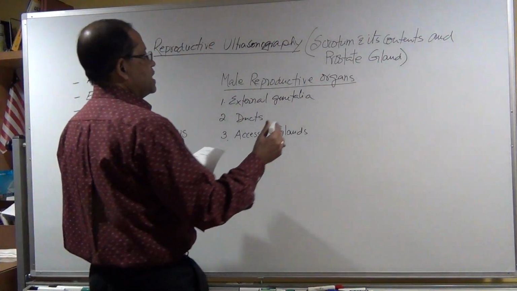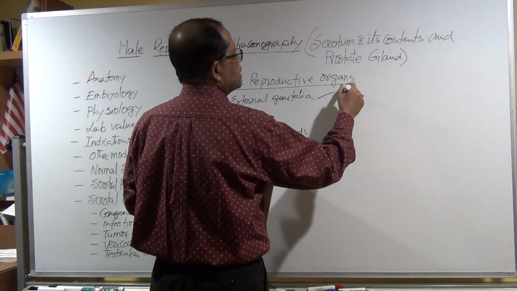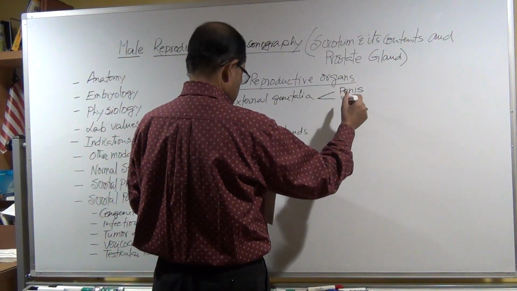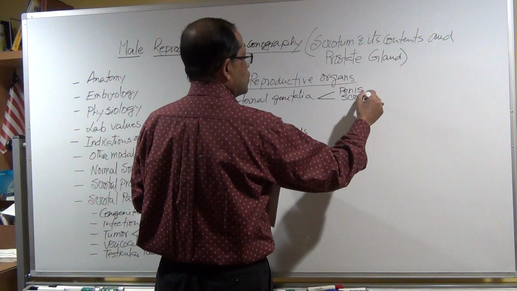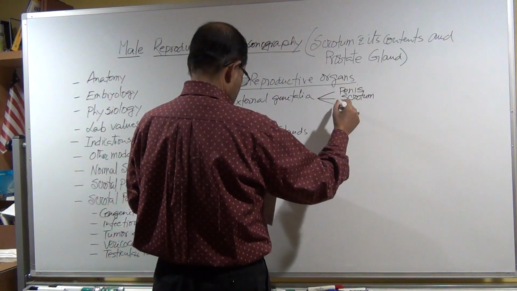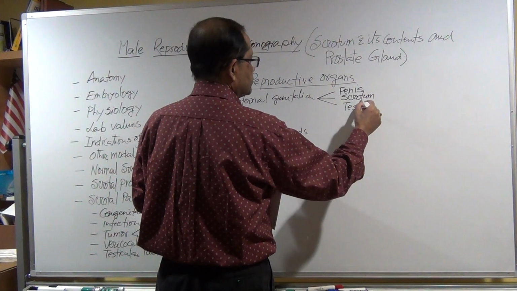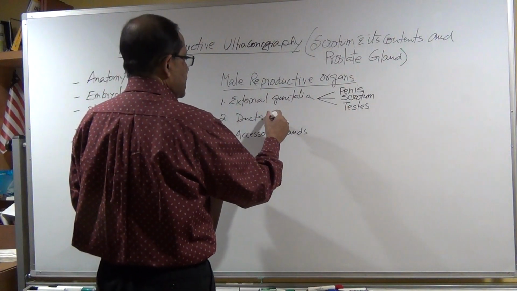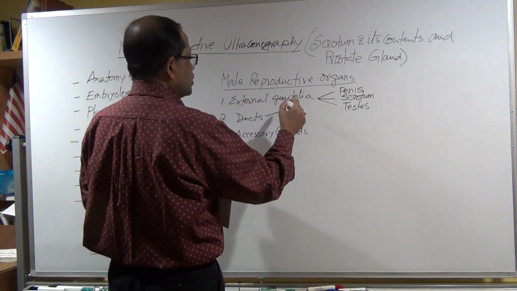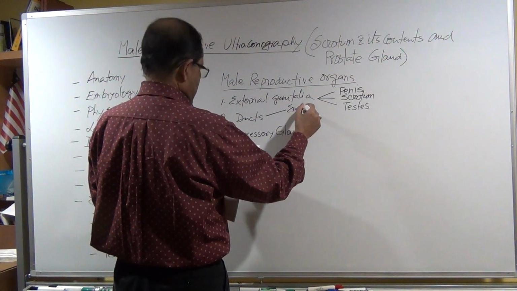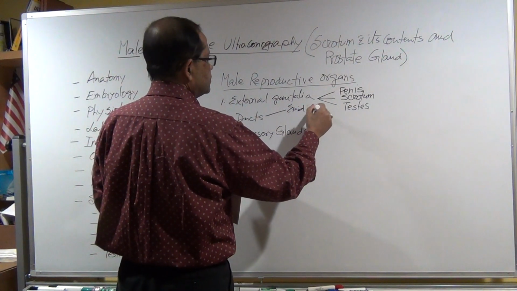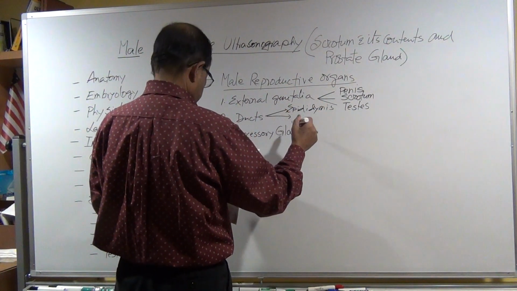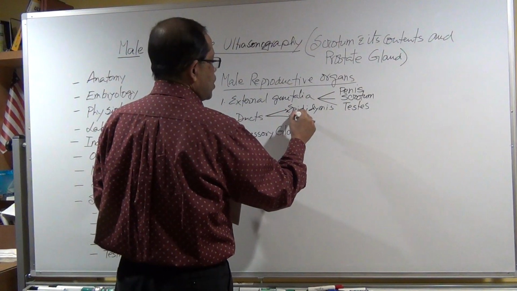In the external genitalia, we have the penis, scrotum, and testis. Among the ducts, there are 4. One is the epididymis, another is the ductus deferens or vas deferens.